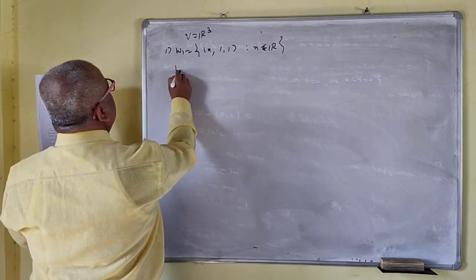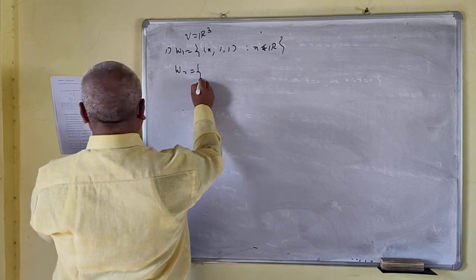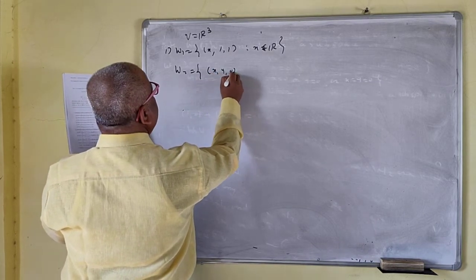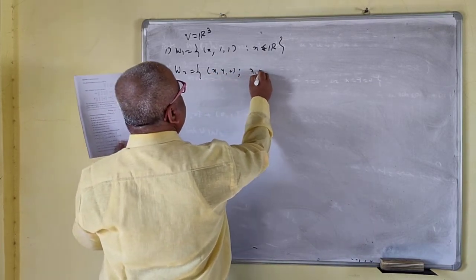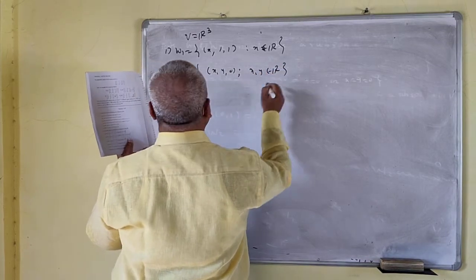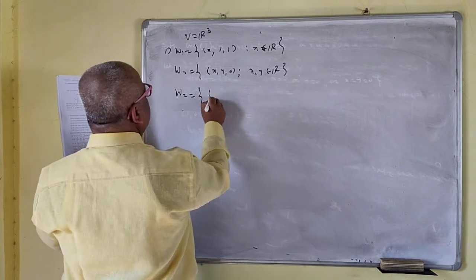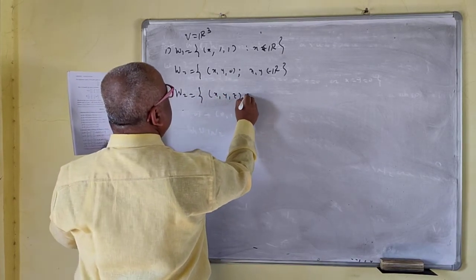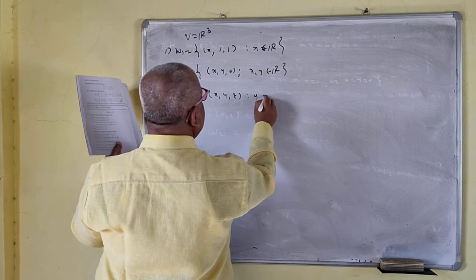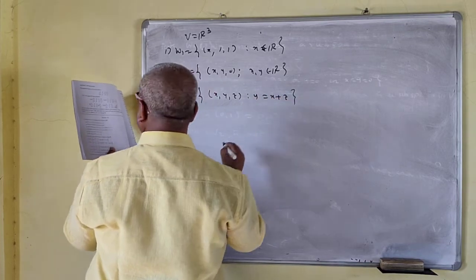W2 is equal to {(x, y, 0), x, y belong to R}. W3 is {(x, y, z) such that y = x + z}.